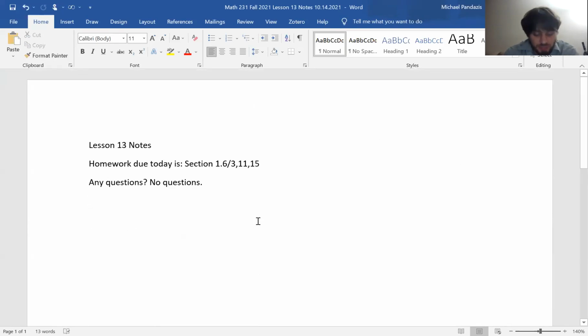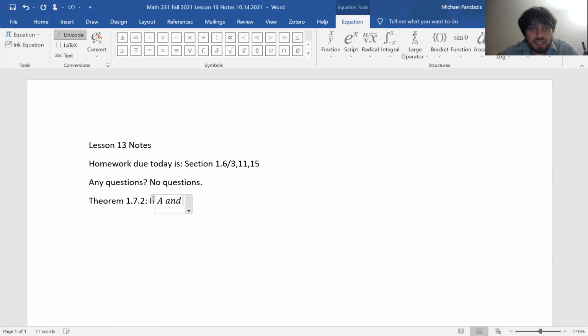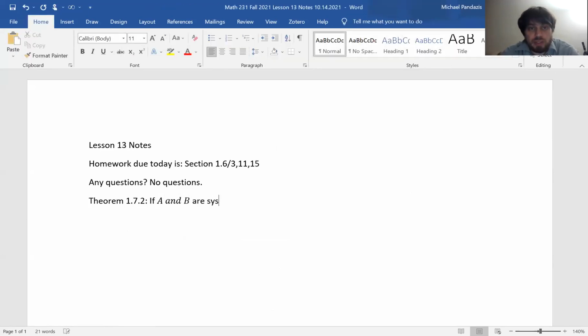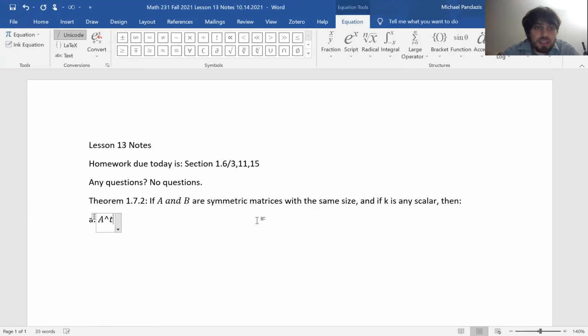So this is theorem 1.7.2. If A and B are symmetric matrices with the same size, and if k is any scalar, then part a says A transpose is symmetric.